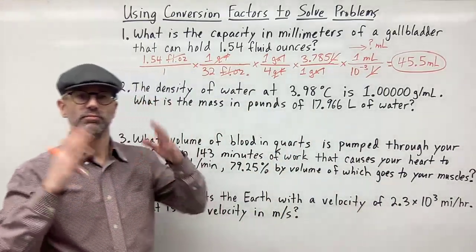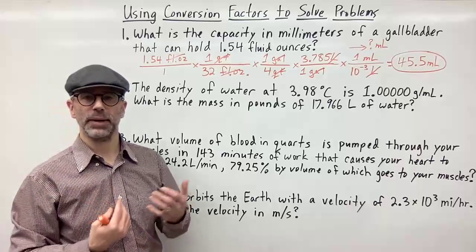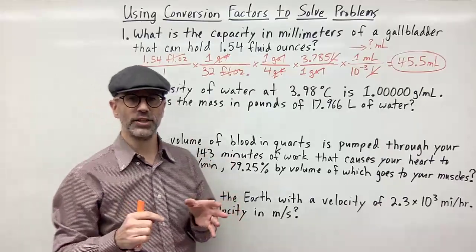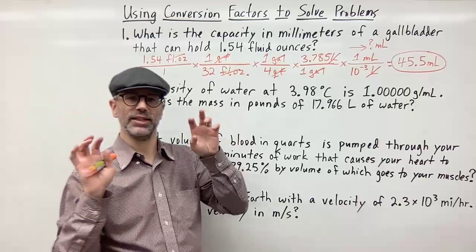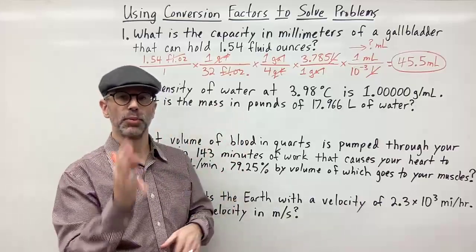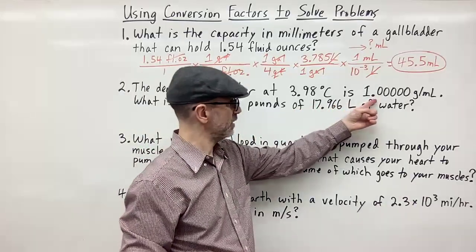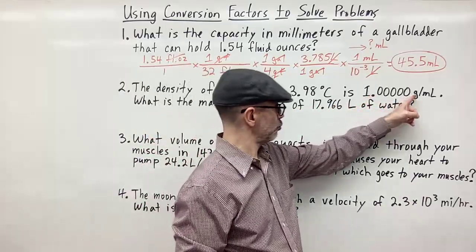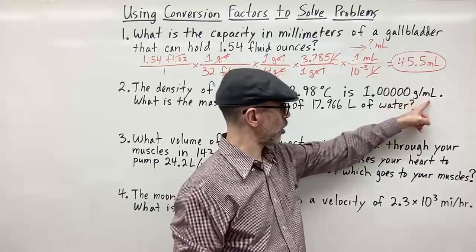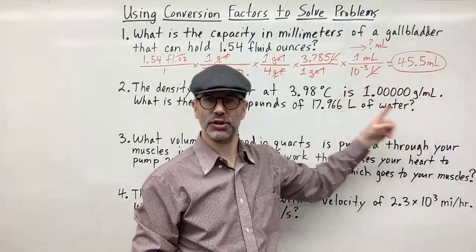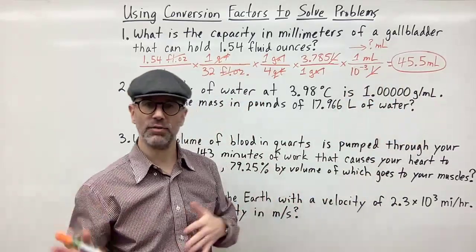So, first thing we want to do is pull out the information, find conversion factors. Remember, conversion factors is where you have one unit related to another unit, something per something. Here we have density, which relates a mass unit to a volume unit, grams and milliliters. So we can use this as a conversion factor to convert between mass and volume.